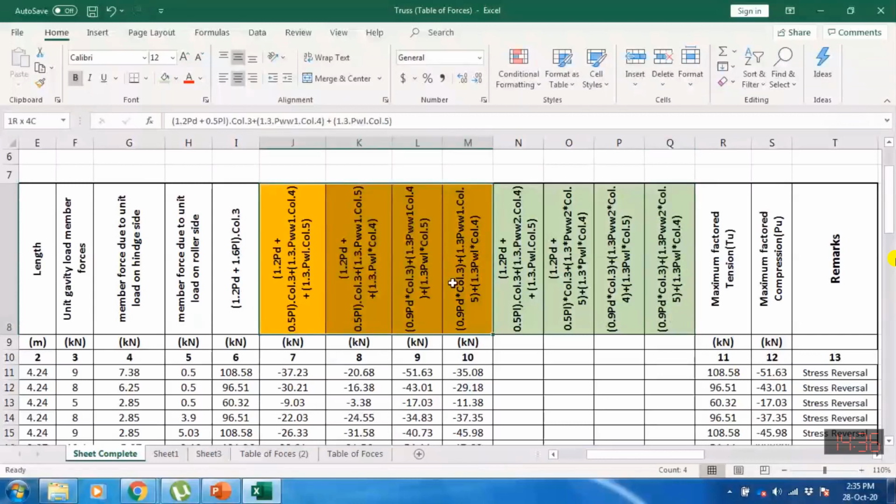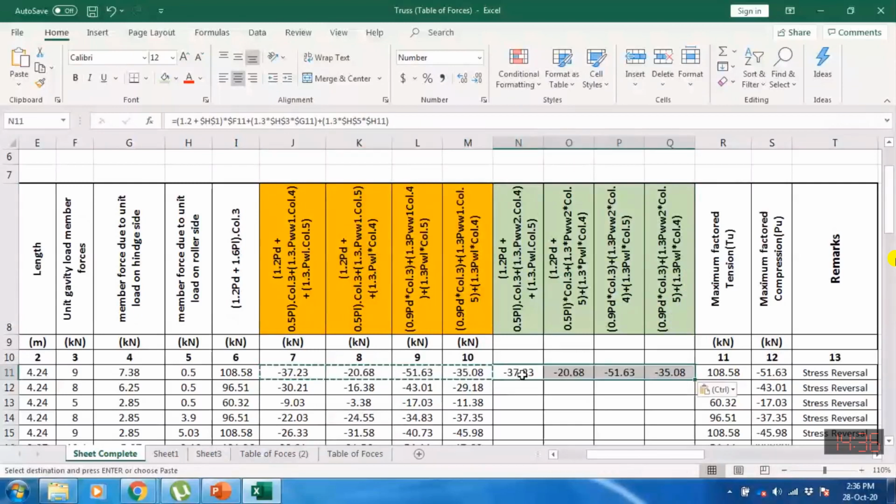Okay, let me copy the same formula over here. Let me check in this formula what he has used.